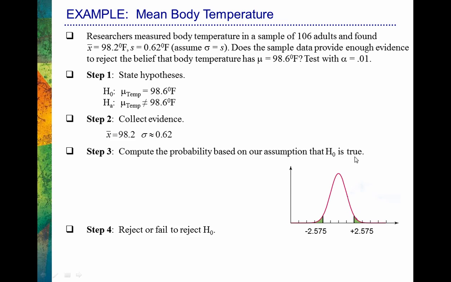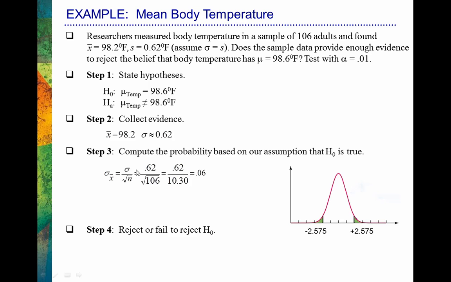And we've marked off our critical regions. If we're using an alpha of 0.01, we know that those critical regions are marked off at 2.575 and negative 2.575. This shows where there's 0.5% of the sample means in this tail and 0.5% of the most extreme sample means in this tail. 1% overall.